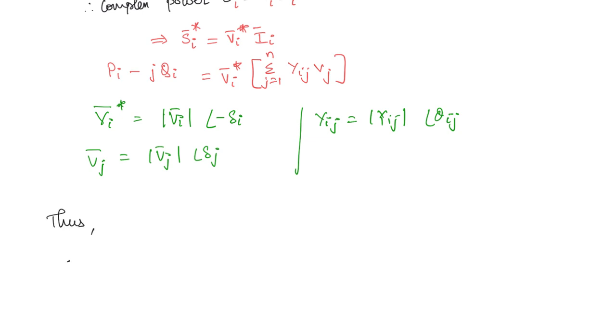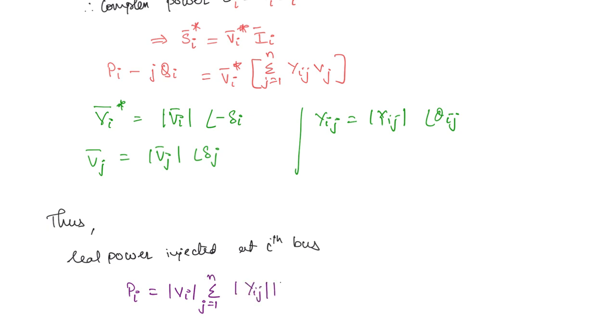Thus real power injected at ith bus is Pi, which is equal to mod Vi summation j is equal to 1 to n mod Yij mod Vj, the magnitudes, cos of theta ij plus delta j minus delta I.